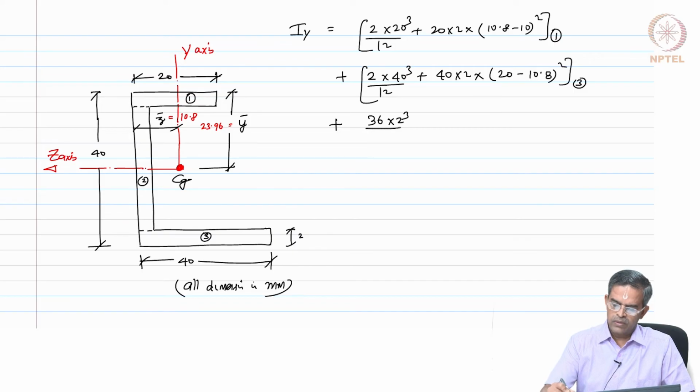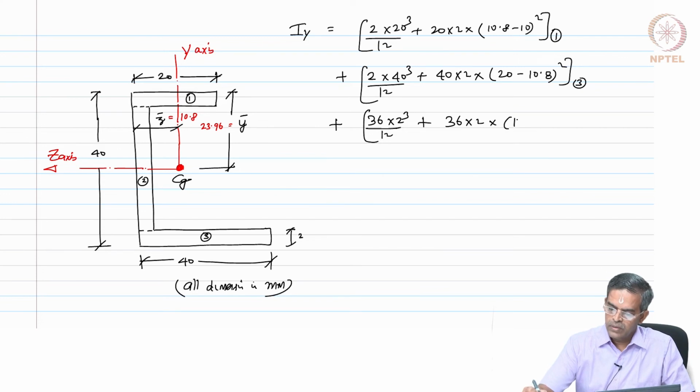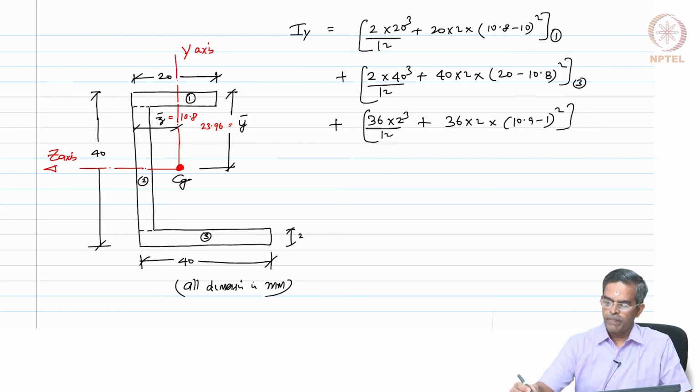36 into 2 cubed by 12 plus 36 into 2 into 10.8 minus 1, the whole squared. This is for piece number 2.